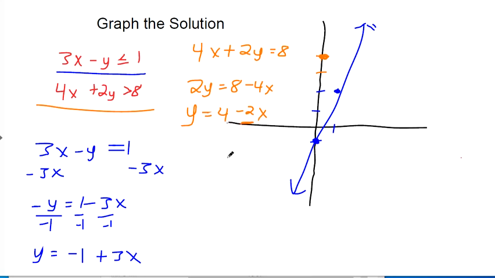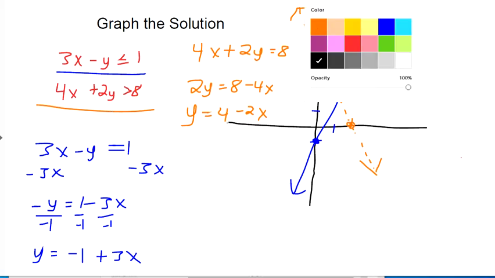And my slope is a -2, so that's -2/1, right? Means I count down 2 to the right 1. Oh, they cross perfectly. So there's the second line. Oh, this one we said is dotted because it says just greater than, not greater than or equal to. Strictly greater than. So that's why we have to have a dot, because it doesn't have the line underneath here.